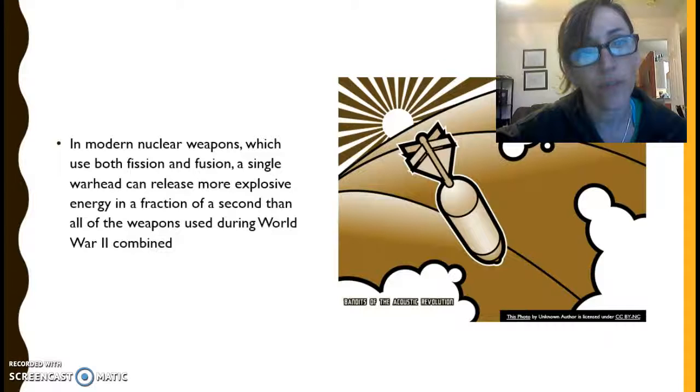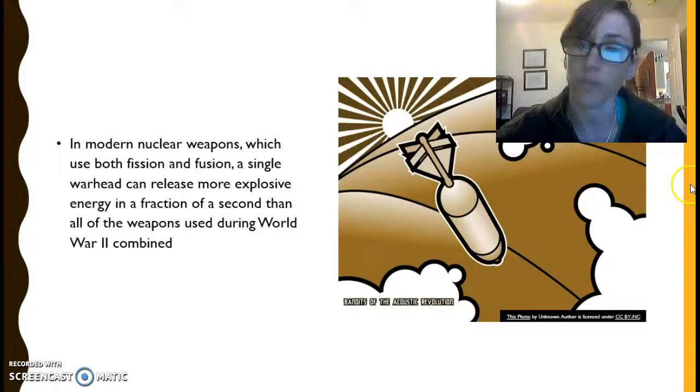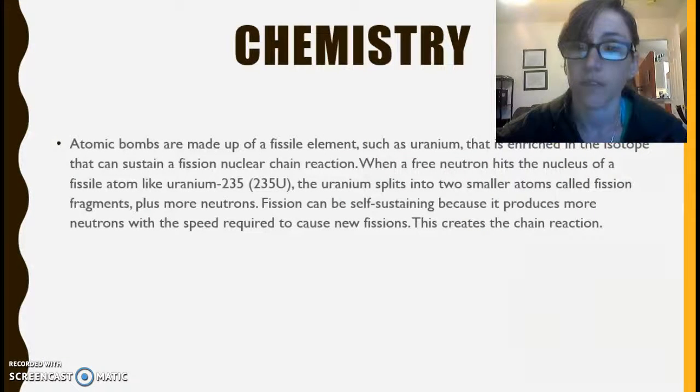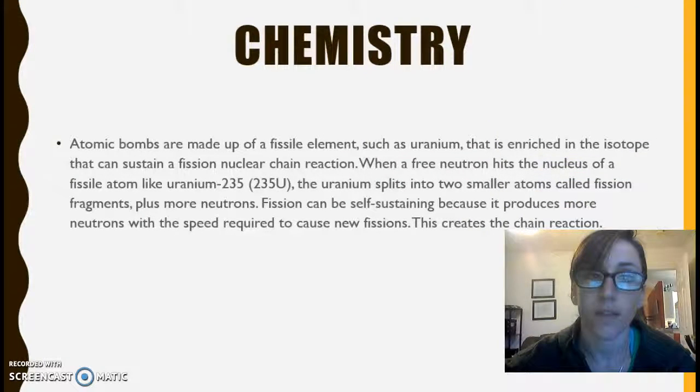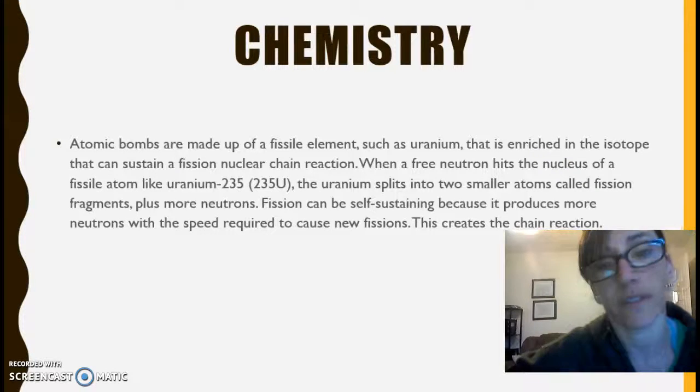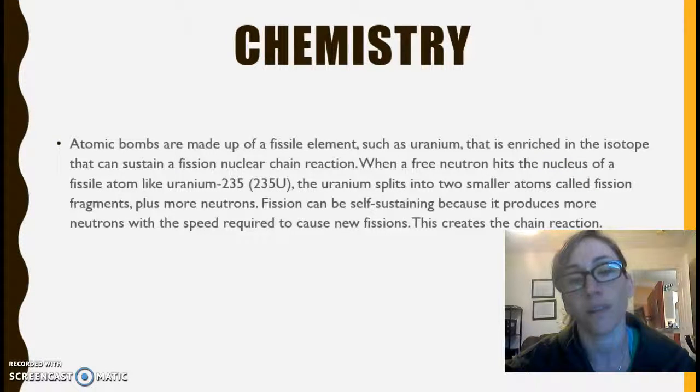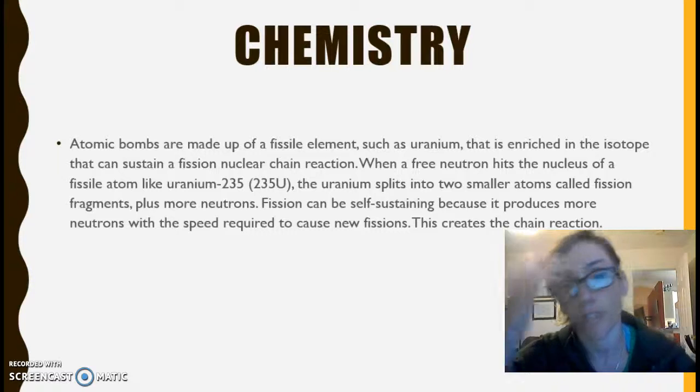In modern nuclear weapons, which use both fission and fusion, a single warhead can release more explosive energy in a fraction of a second than all the weapons used during World War II combined. Atomic bombs are made up of a fissile element, usually uranium, that is enriched in the isotope that can sustain a fission nuclear chain reaction.